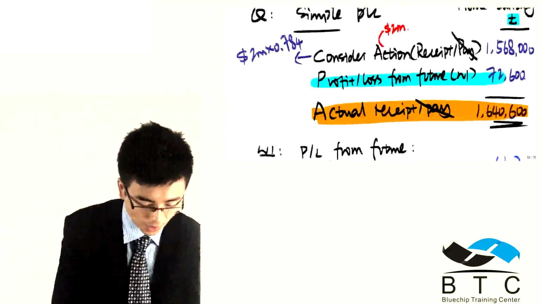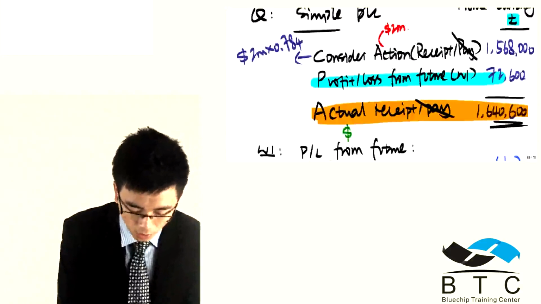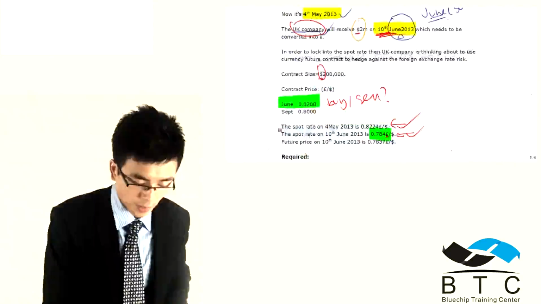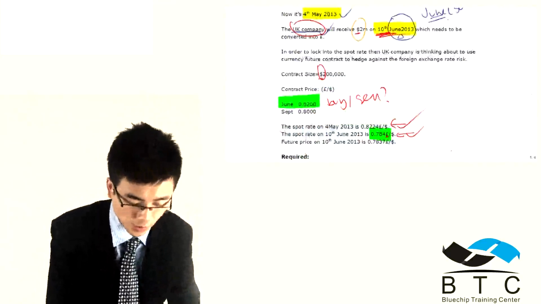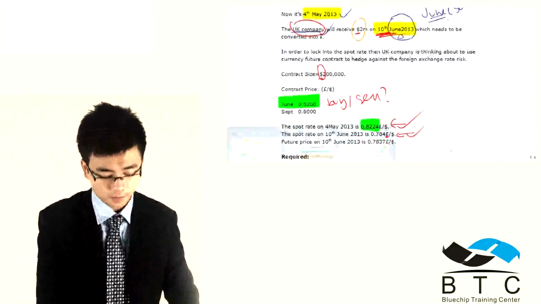So if I convert $2 million at today's spot rate, which we are told in the question is 0.8224, fine.